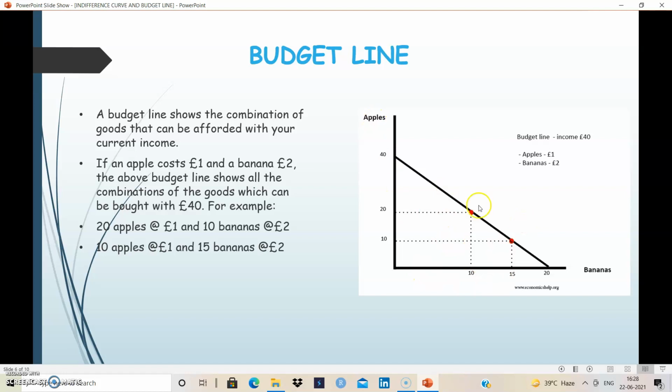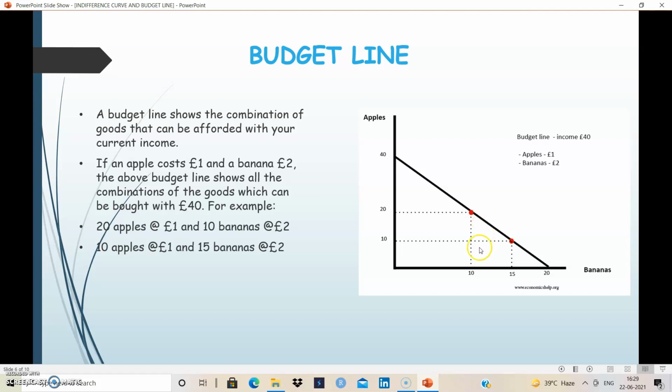Here we can see we have a budget of pound 40 in which we have to purchase bananas and apples to consume and have a satisfaction, or utility, we can say.